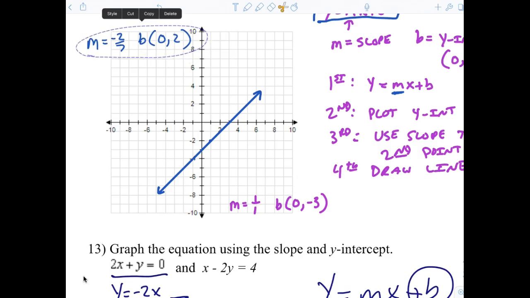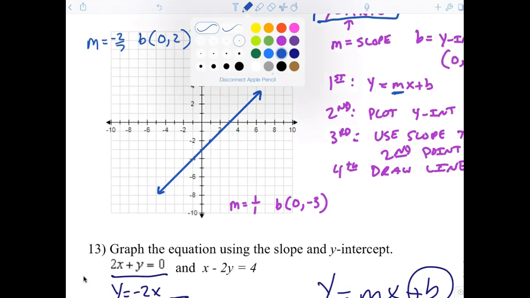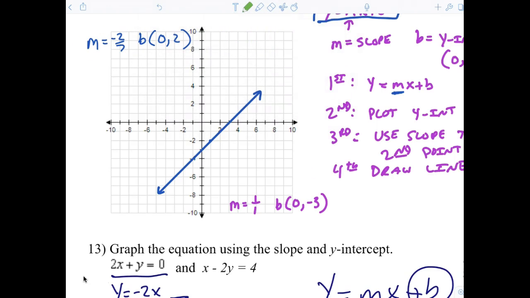Now, to graph that, somebody tell me where to start? (0, 2). Everybody go up to 2, right? So we graph (0, 2). Now what do I do? Down 2, and then to the right.